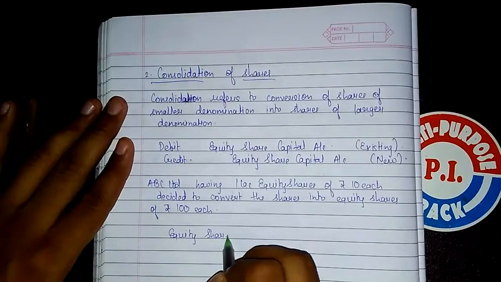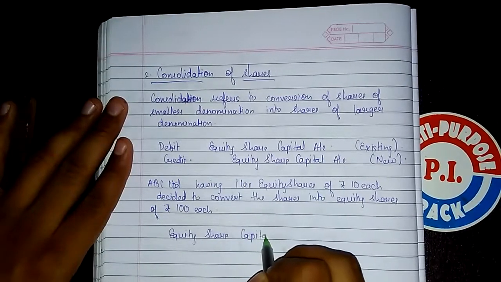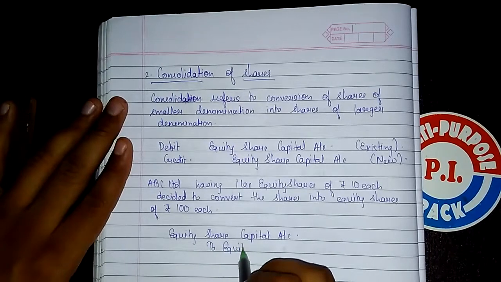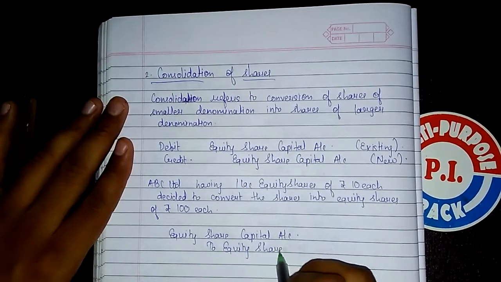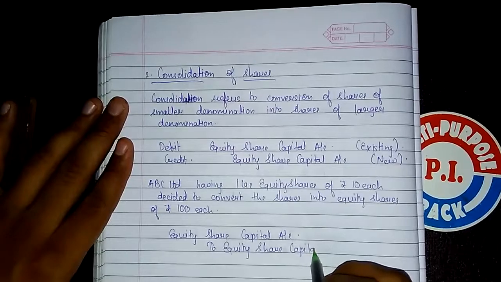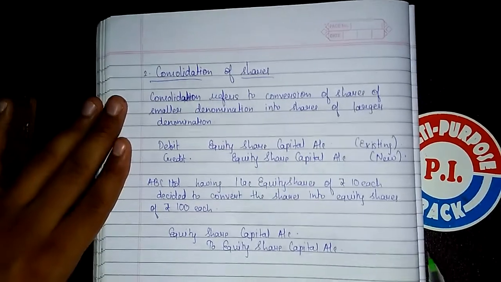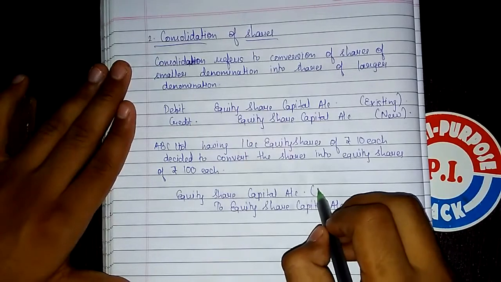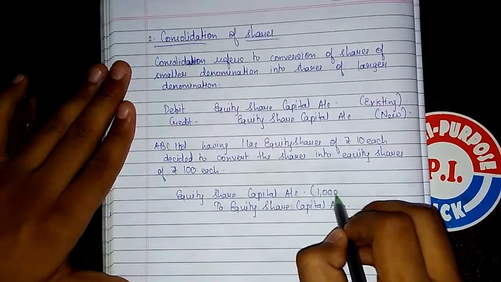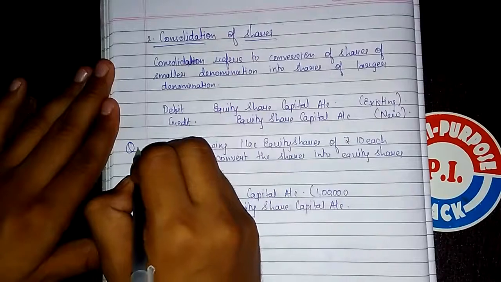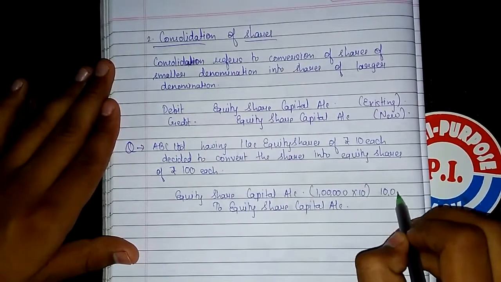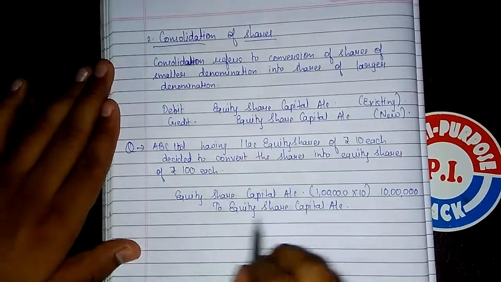Equity share capital account to equity share capital account. Okay, in bracket, what was existing? 1 lakh. This is the question. 1 lakh into 10, that means 10 lakh in the amount column.